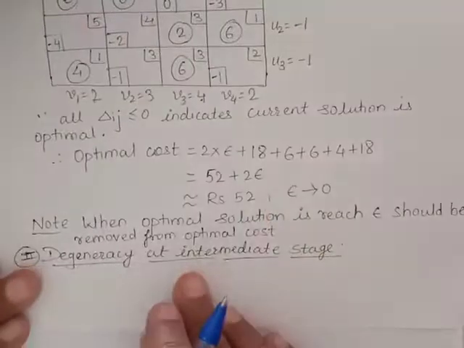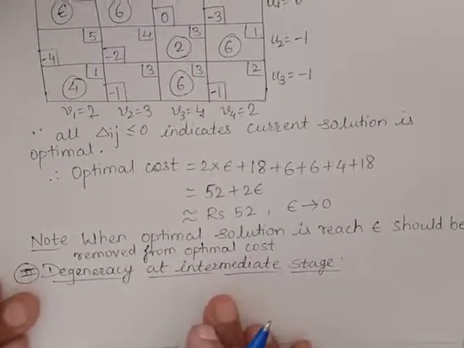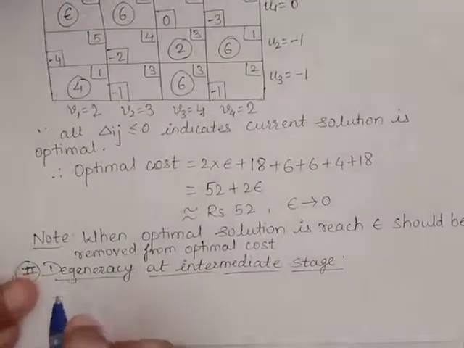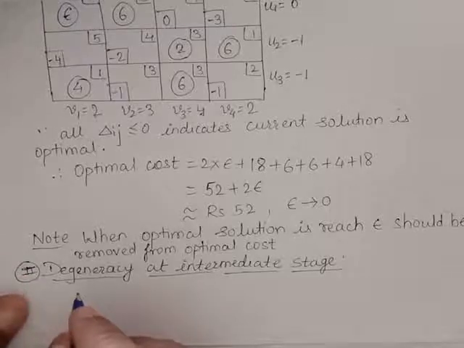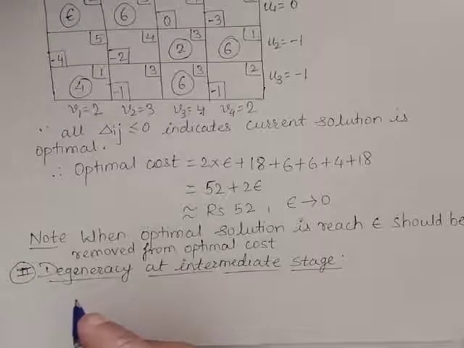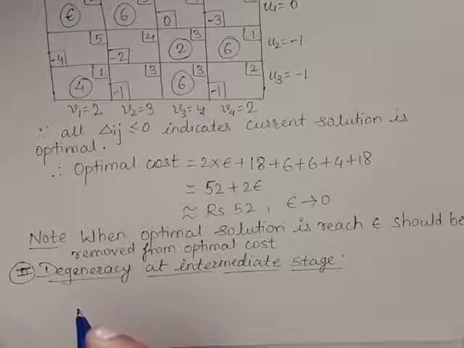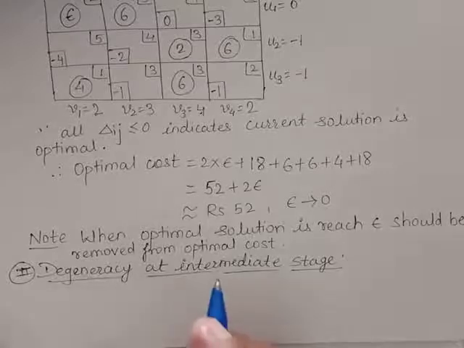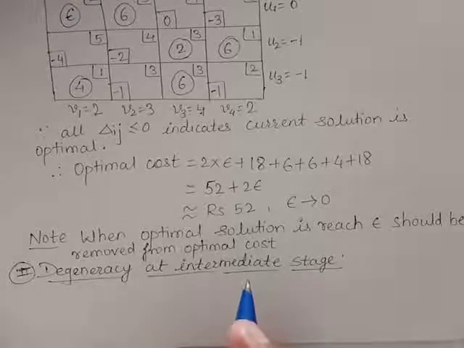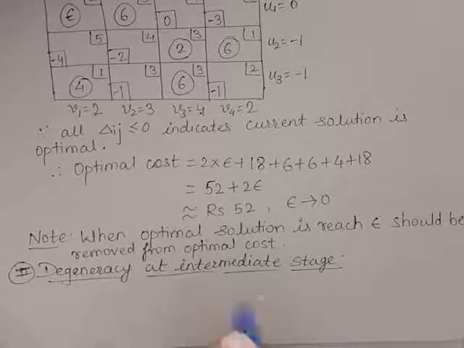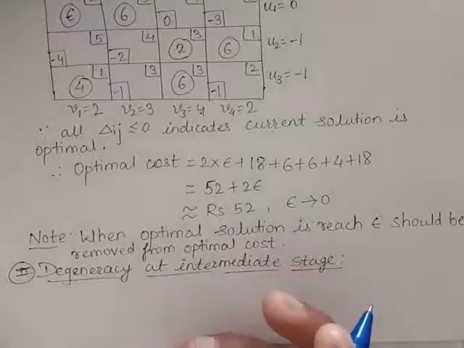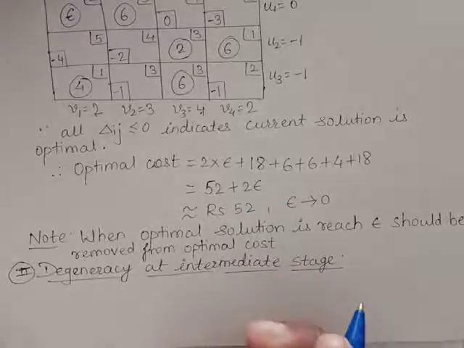Let's see. Look at it. Sometimes degeneracy occurs during the test of optimality because of selection of an unoccupied cell with maximum positive opportunity cost. Sometimes two or more occupied cells become unoccupied during transfer in a closed path. While subtracting the quantity minus theta, sometimes what happens? Two or more occupied cells become unoccupied.